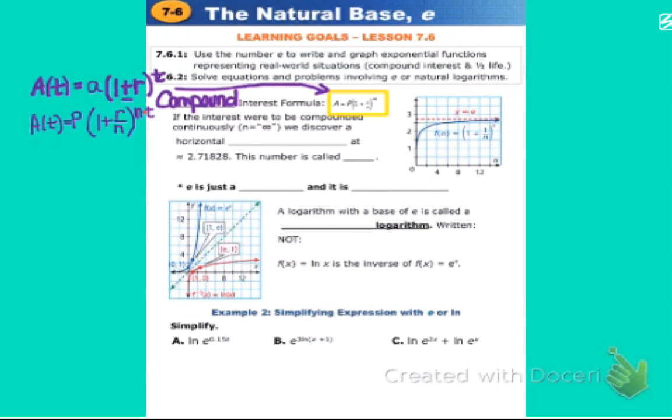So I've written the formula for compound growth here, or I guess exponential growth and decay. And remember, this is the formula that describes growth or decay by a certain percent over a certain number of time periods t. If it's growth, we're adding the percent to 1 or 100%, and if it's decay, we're subtracting.